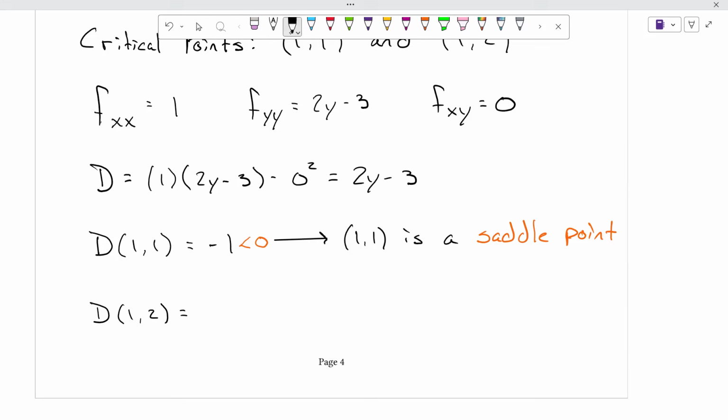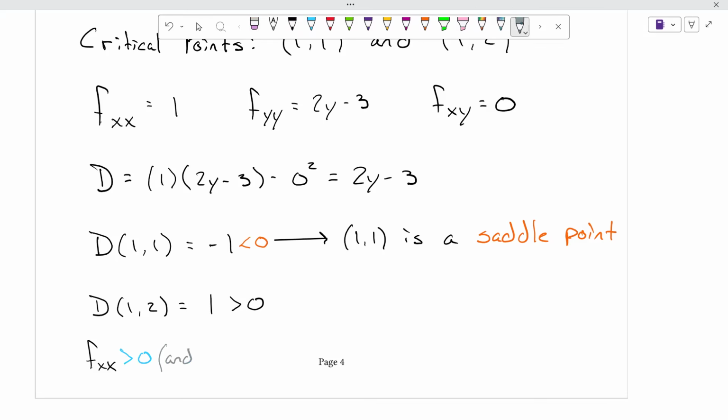Next up, I've got D of (1, 2), which is equal to 2 minus 3, which is positive 1. And that number is greater than 0. I'll come back to that in a minute. I also see that the straight second order partial derivative f partial x is also greater than 0, which means that the x direction is concave up.